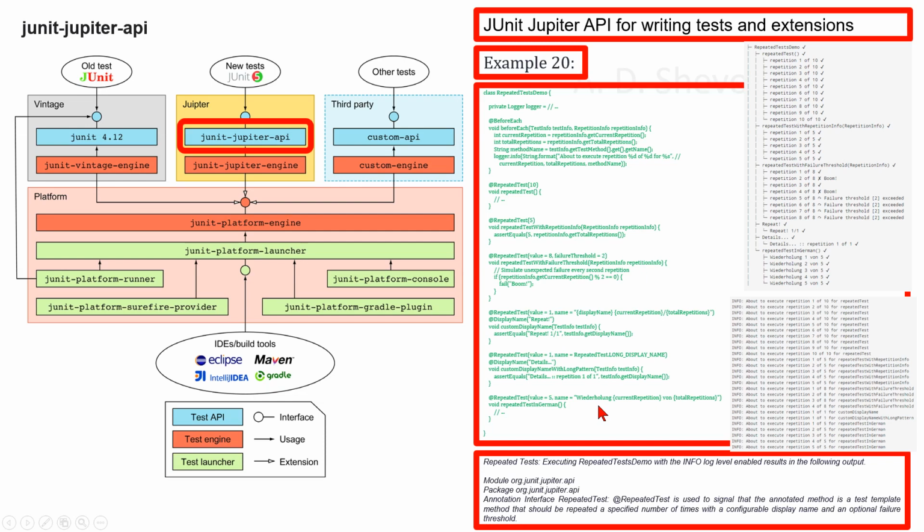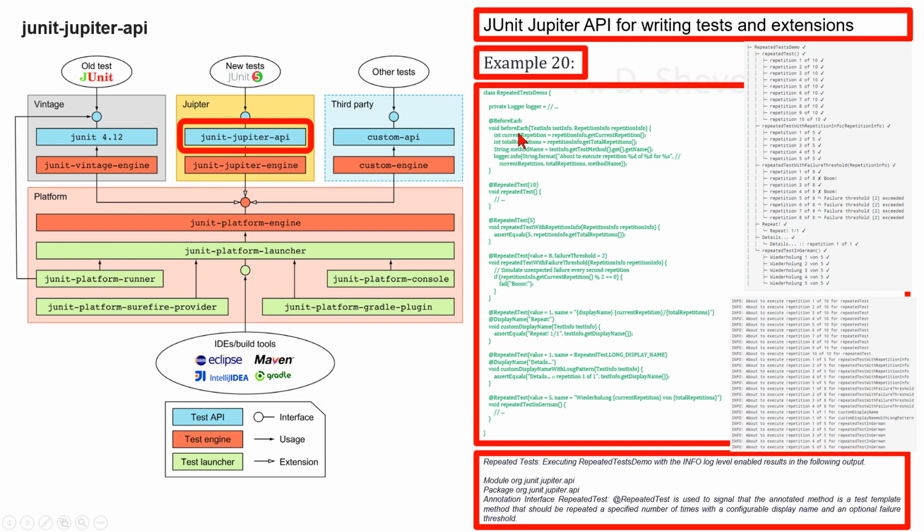In this case German, resulting in names for individual repetitions such as Wiederholung 1/5, Wiederholung 2/5, etc.